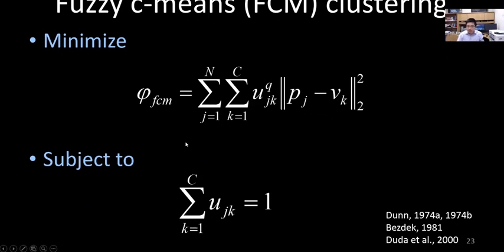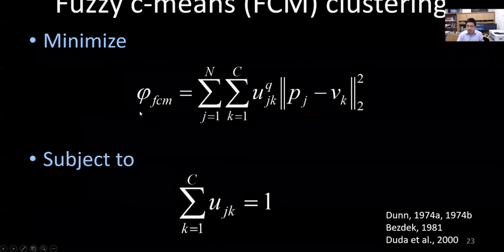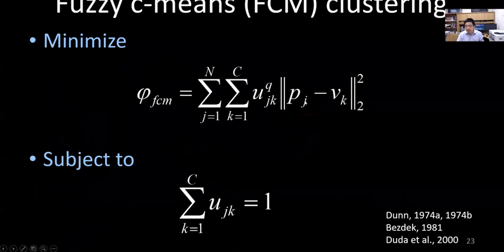I know this probably looks a little bit complicated if this is the first time you have seen this equation, but here P_j represents the jth data object in your data set that you want to cluster, and V_k is the estimated center for the kth cluster, and N is the total number of data objects to be clustered, and C is the expected number of clusters, and U_jk is a membership value that measures the degree of the jth data belonging to the kth cluster.